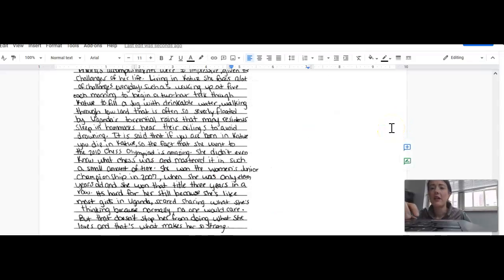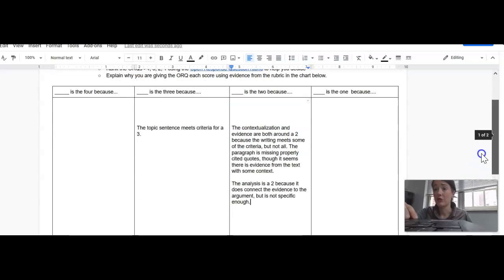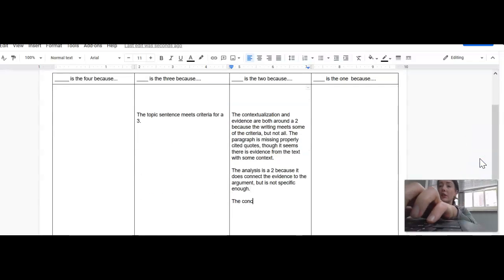I would say here, that last sentence, it doesn't stop her from doing what she loves, and that's what makes her so strong. You can say that's a conclusion, but it's not very specific. It's pretty general. So again, I would say that that's maybe around a 2. So the conclusion is a 2 because it is very general.